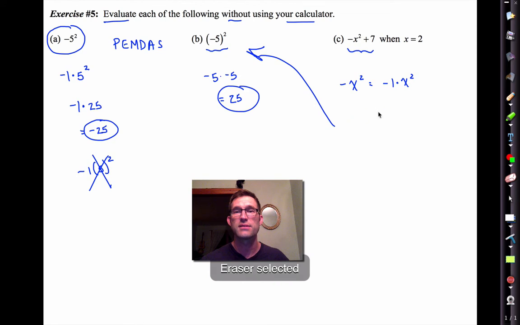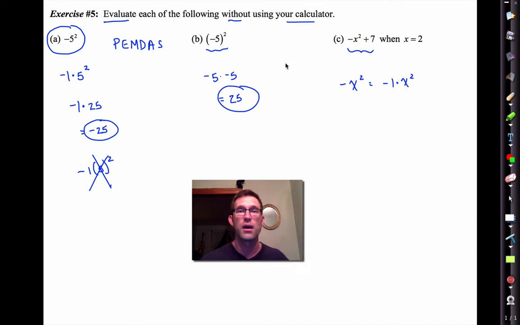Let me just erase that since it has nothing to do with this. So in fact, if I'm going to evaluate this when x is 2, then what I'm really doing is squaring the 2, right, getting 4, then negating it and adding 7, which obviously just gives me positive 3.